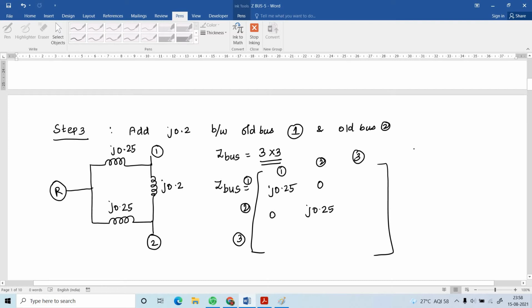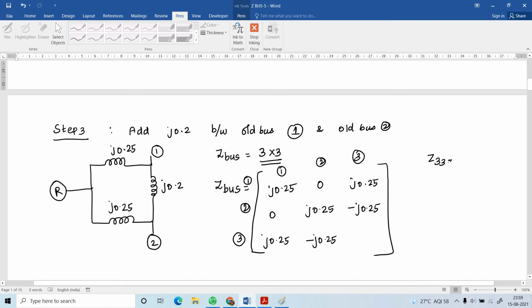So J0.25 minus 0, that is J0.25. What is 0 minus J0.25? That is minus J0.25. And see here, the same value exists. Here also minus J0.25.